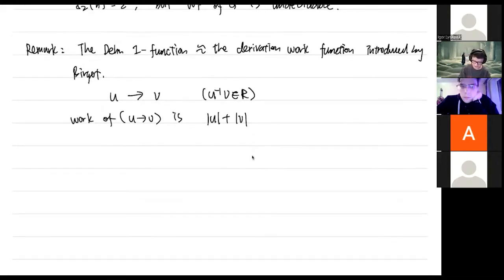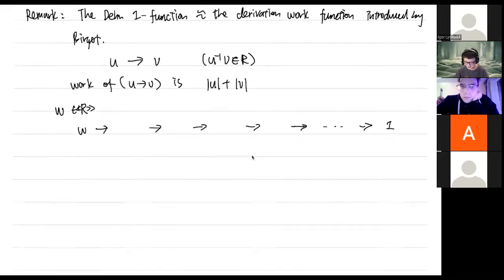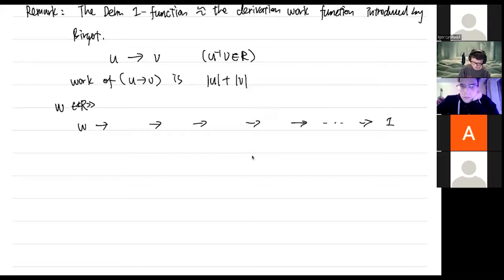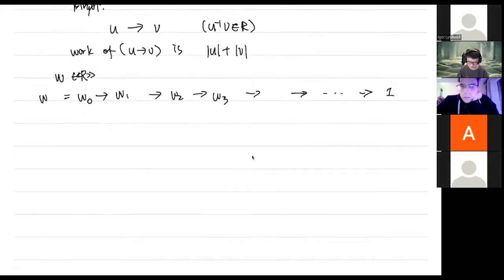Now we start with any word W, and if W is equal to 1, basically W is in the normal closure of R, we have a derivation of this word that reduces it to the trivial word, the identity. So, for example, we call W equal to W1, and W0 reduces to W1, and so on and so forth.